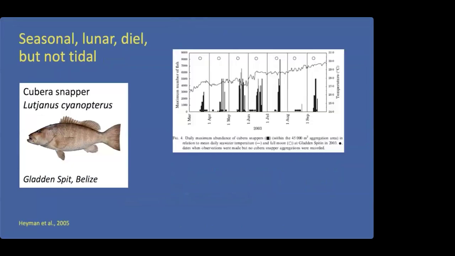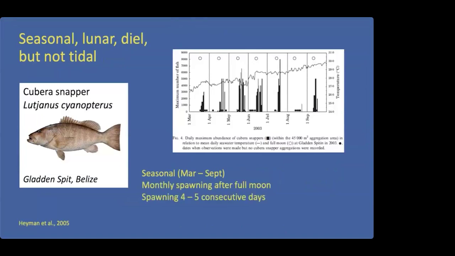Interestingly, some fish use similar seasonal, lunar, and diel cues, but not tidal cues. In Belize, in the Western Caribbean, we've got an example here where the spawning season goes from around March through September. And during that time, those fish spawn monthly after full moon, but they'll spawn for 4 to 5 consecutive days.